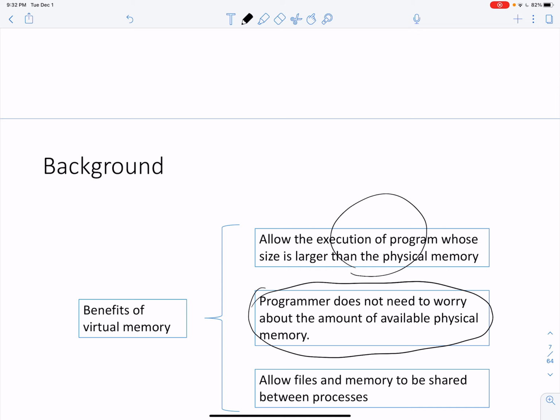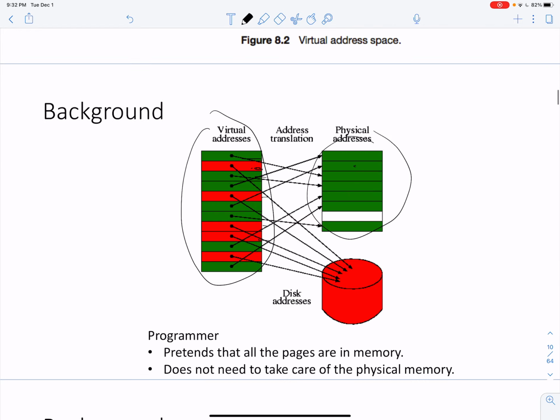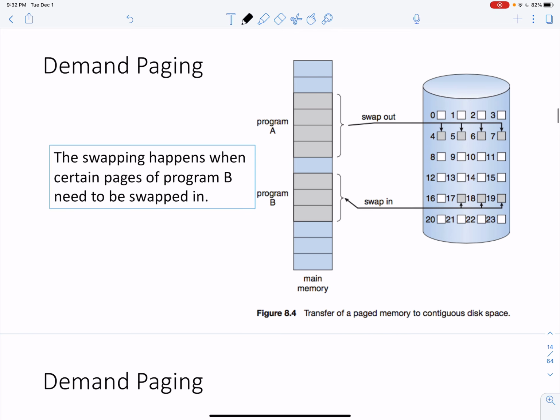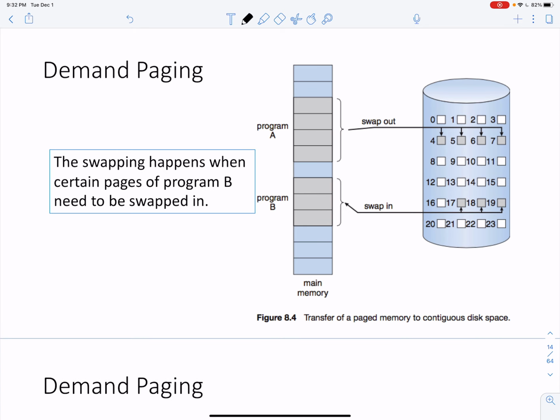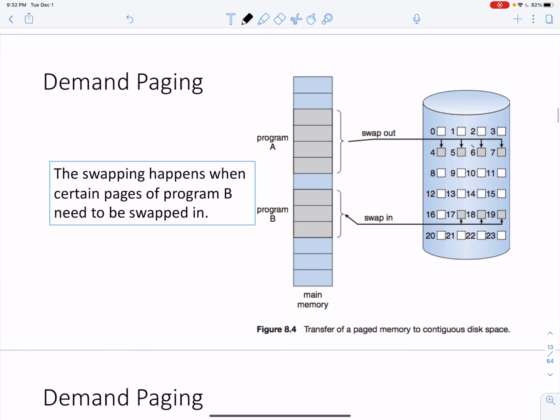It allows the execution of programs whose size is larger. This is called demand paging. When we are executing a program, once we finish executing the instructions in the pages which have already been loaded into memory, we swap them out and bring in some new pages from the hard drive for future execution.